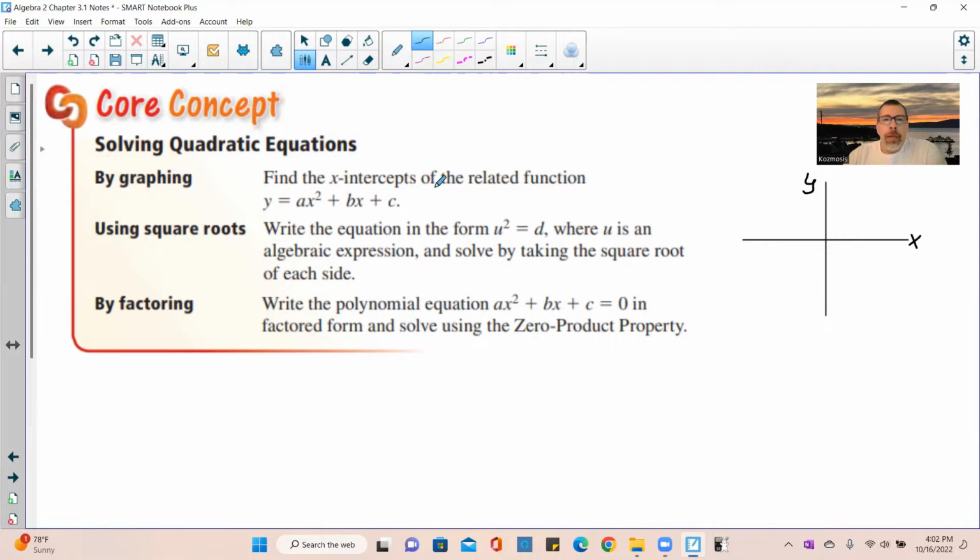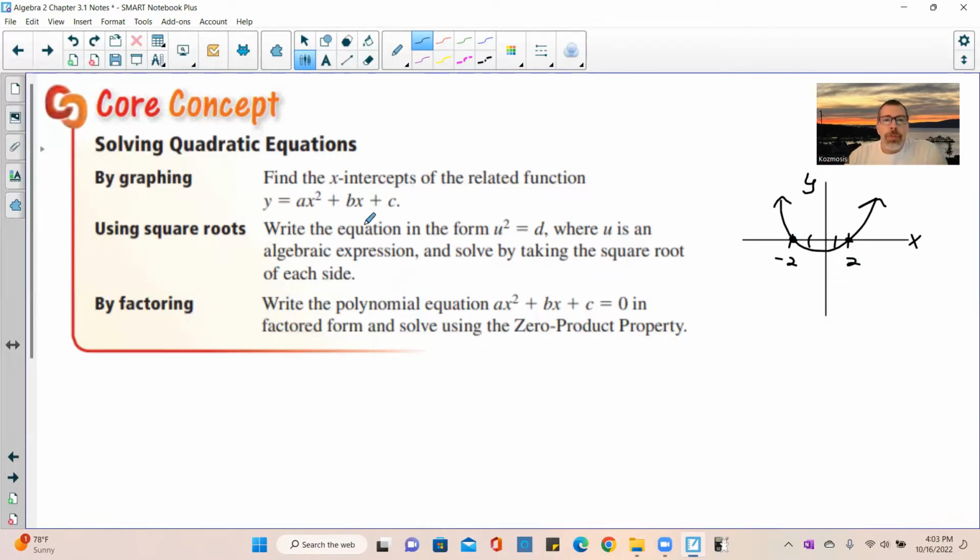The x-intercepts of the related function. So if I had a parabola that, say, opened upward, a was positive, it crossed the x-axis here and here, whatever that x value is would be our solution. So that's how we find the x-intercept by graphing. Where does the parabola cross the x-axis?